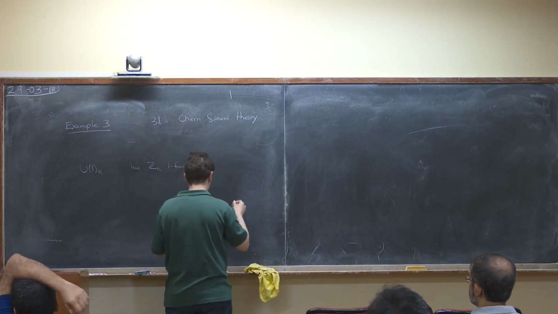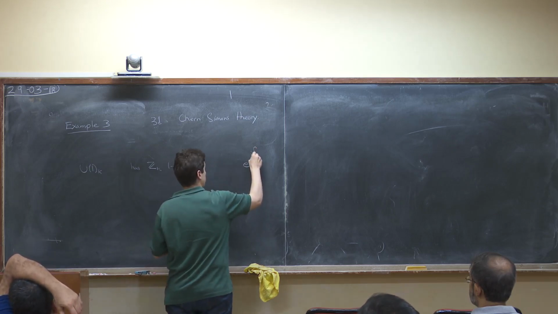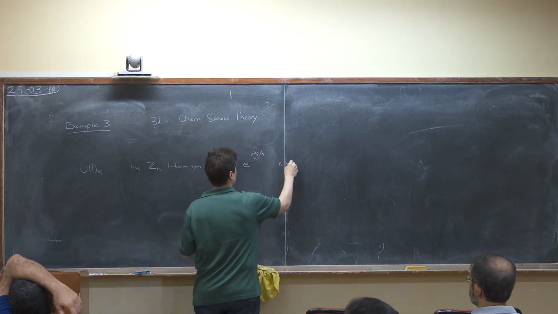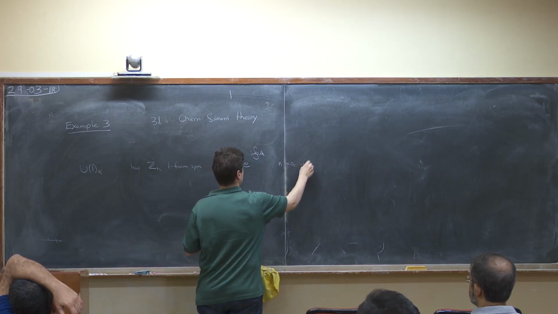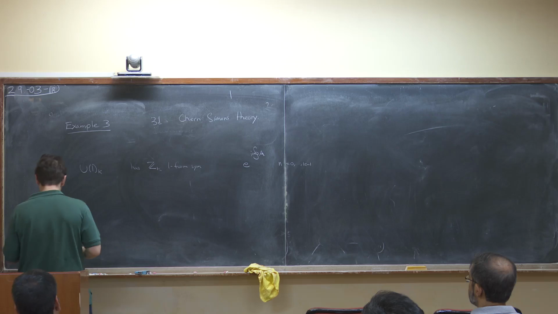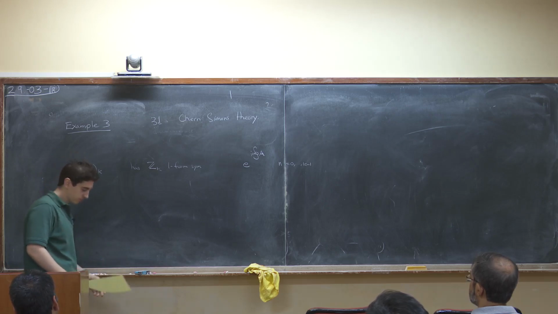What are the symmetry defects? They're just the Wilson lines, where n goes from 0 to k minus 1. So they're just the complete set of Wilson lines. Alternatively, you could think about this symmetry as coming from a symmetry of the action.